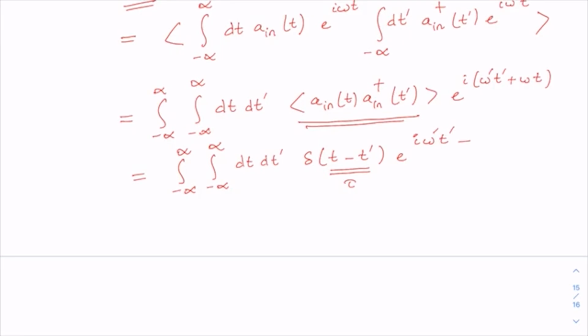If I replace t by tau plus t dash, then I will have a term omega tau plus t dash.